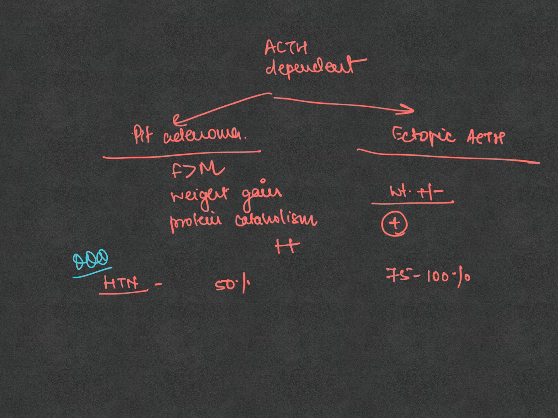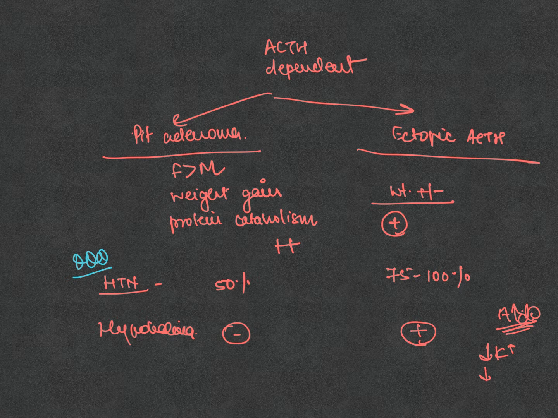And hypokalemia is going to be seen only in ectopic ACTH, because mineralocorticoid activity is going to get increased. So aldo is going to get increased and potassium is going to get reduced.